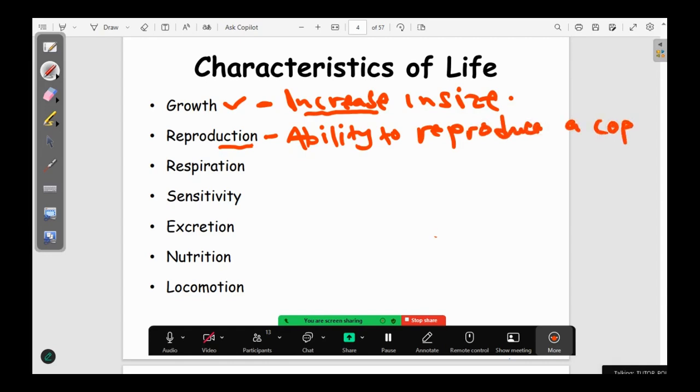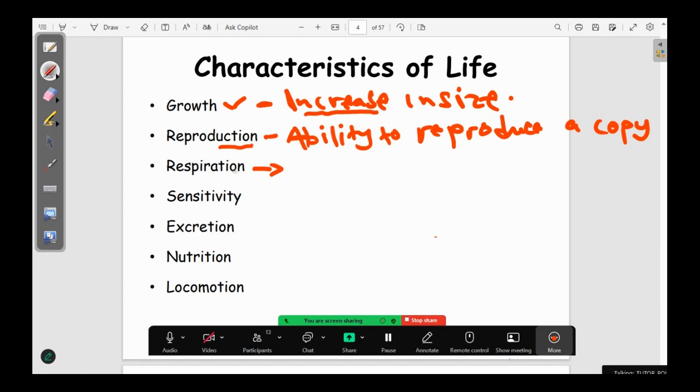And then the third characteristic of life is respiration. This respiration is very important for bringing in the oxygen in our bodies, and then taking it out as carbon dioxide. So this respiration here is very important.